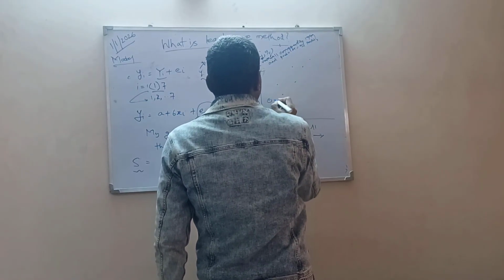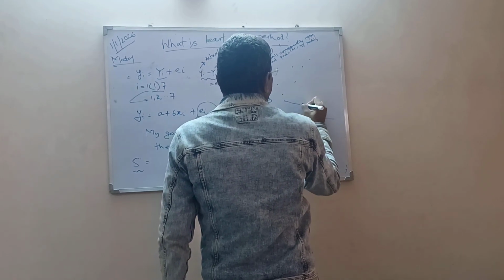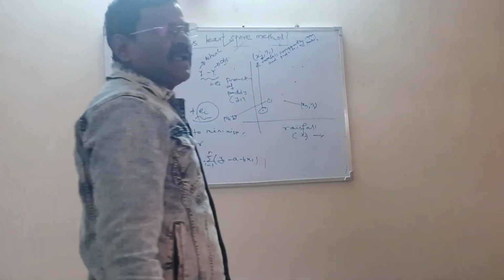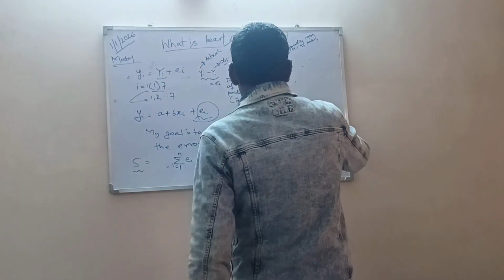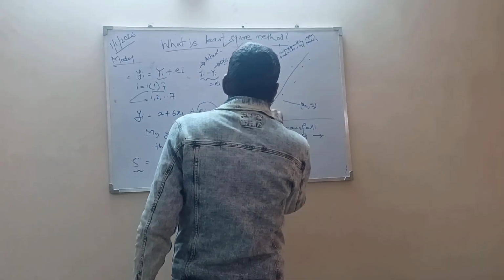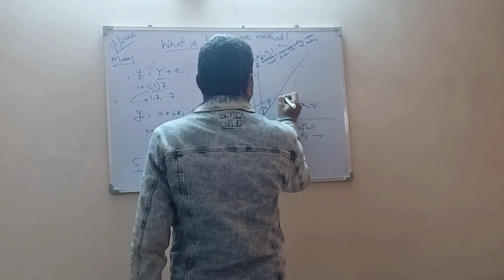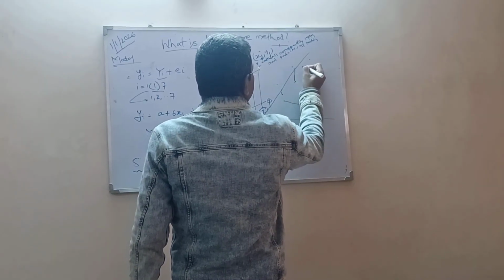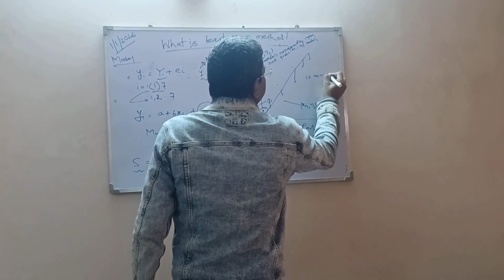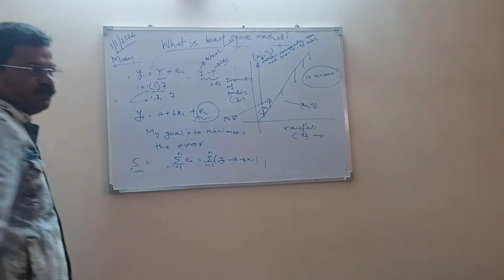Similarly, this one is X2, Y2, this is X3, Y3, like that. I have 7 points. So what I'm trying to do here is draw a straight line between them so that the perpendicular distance from the point to the line is minimum. That is what we are trying to do.